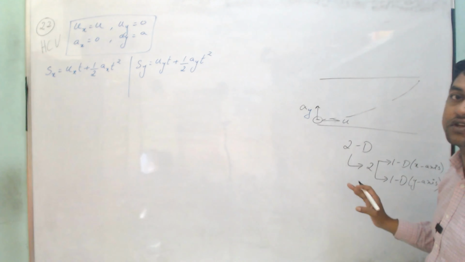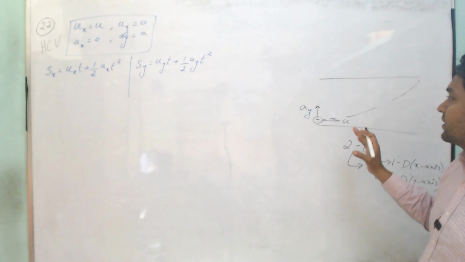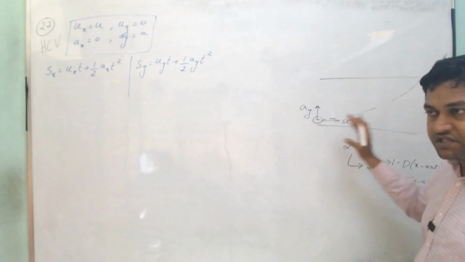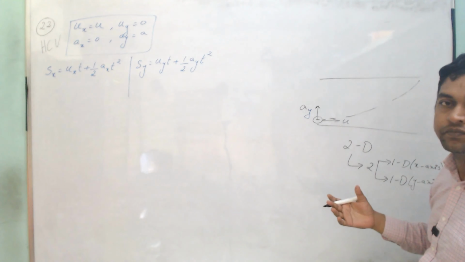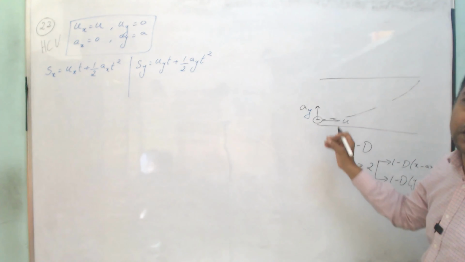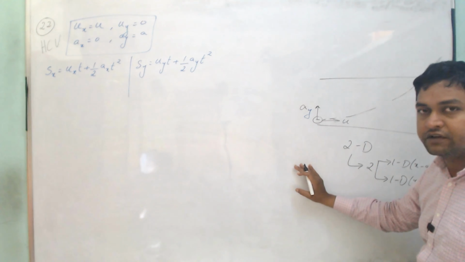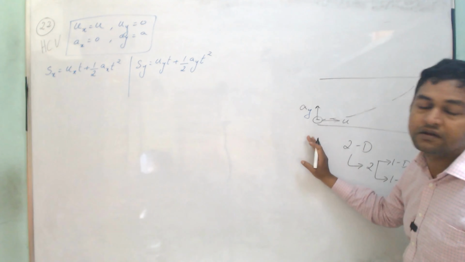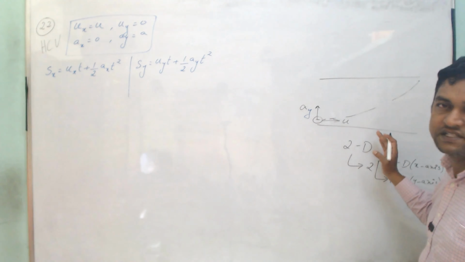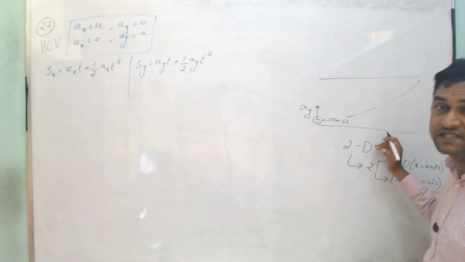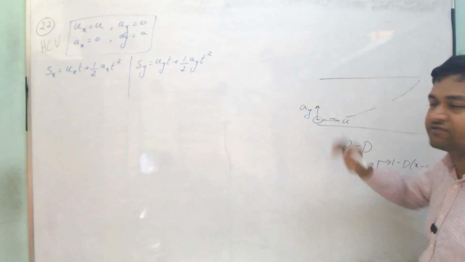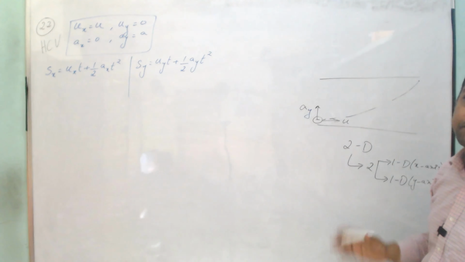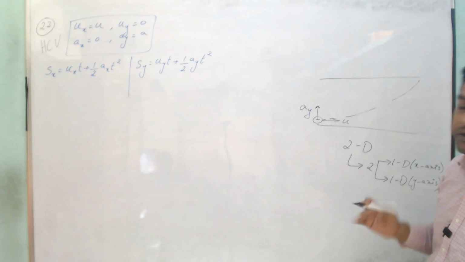That's not the story. If it went 1 meter along the x-axis and, in the same time, half a meter along y, then for 1 meter and half a meter the time is the same. Are you getting my point?